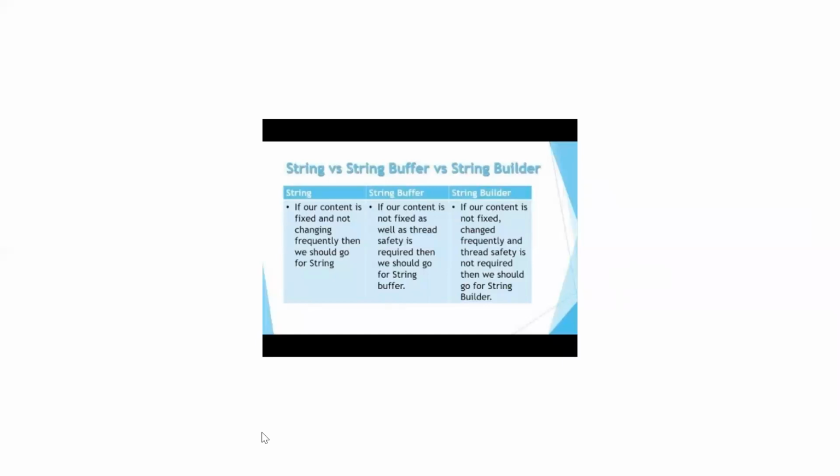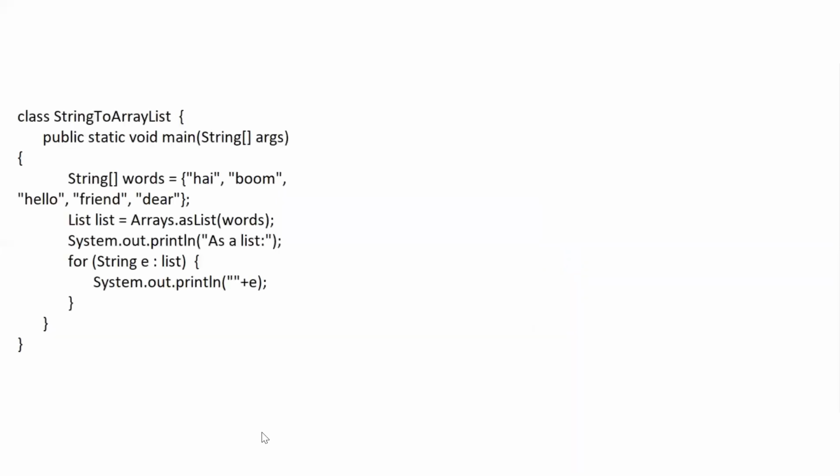Next, StringBuffer: if our content is not fixed, that is mutable, as well as thread safe, then we should go for StringBuffer, whereas StringBuilder is not thread safe. And StringBuilder: if our content is not fixed, is changing frequently, and thread safety is not required, then we should go for StringBuilder. Remember these points minutely so that you can understand better, okay?